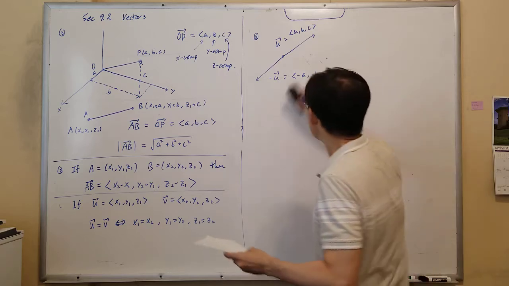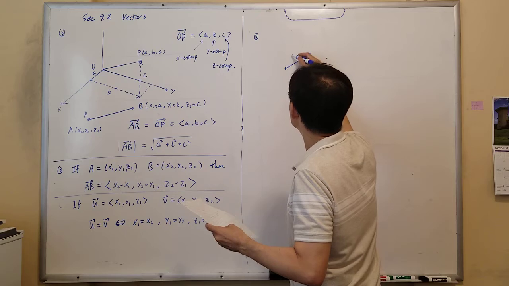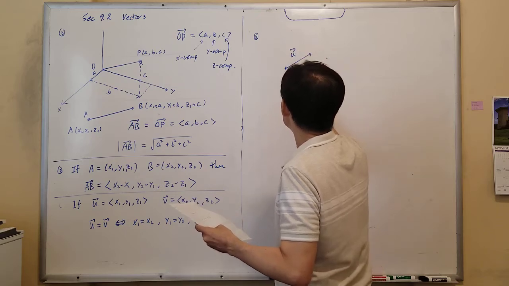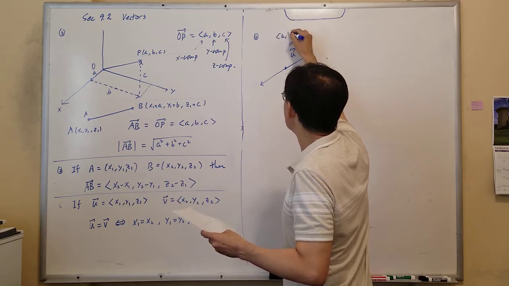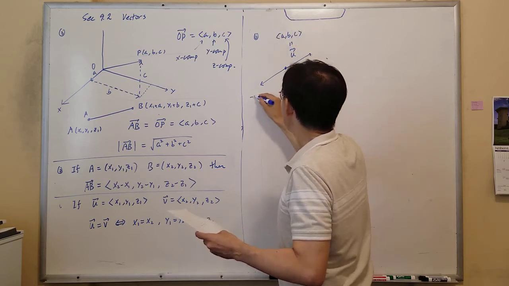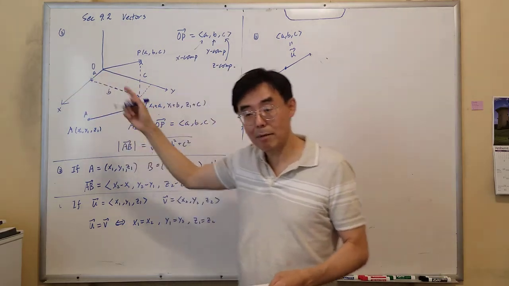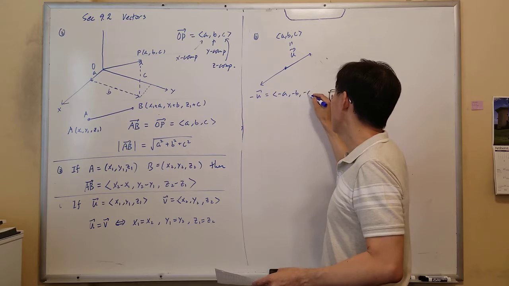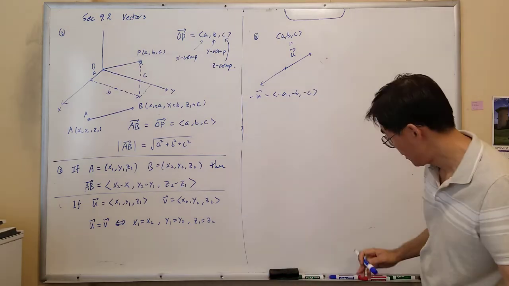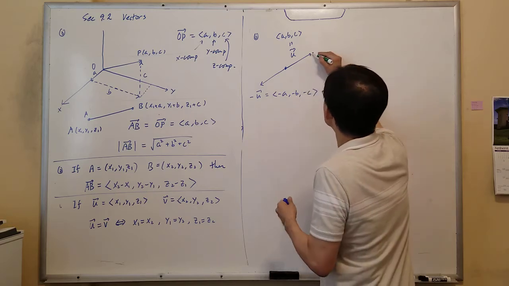Okay. So u is A, B, C. Then minus u is going the other way around, so minus A, minus B, minus C. It has to be the opposite direction, same length, going here. What about twice as large?